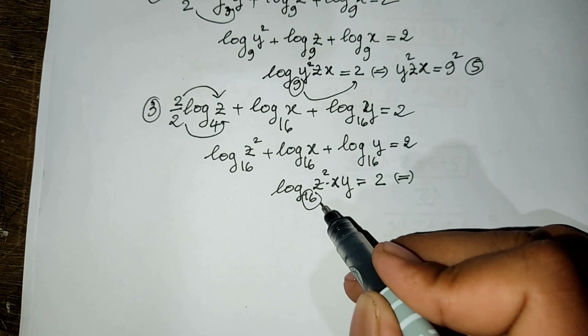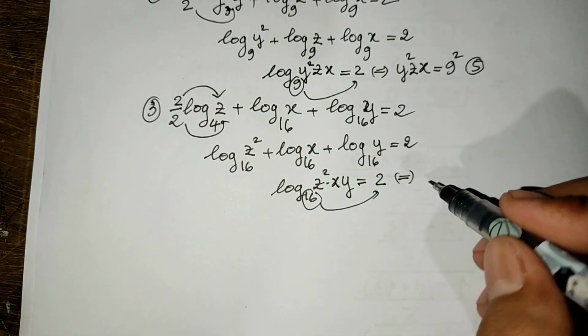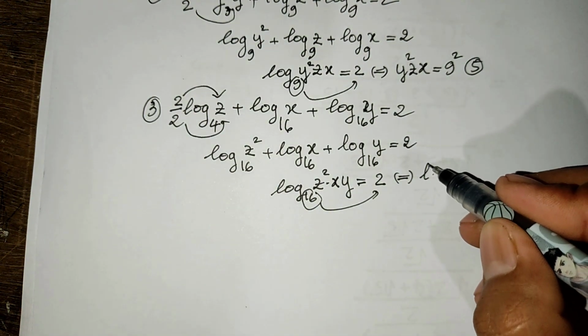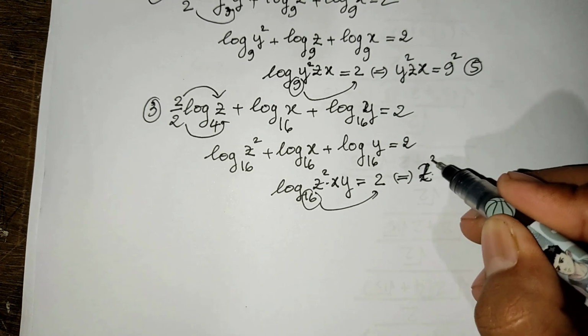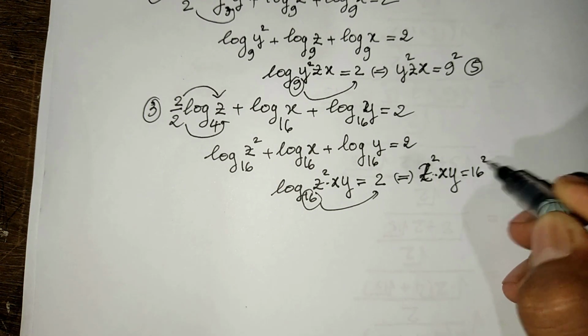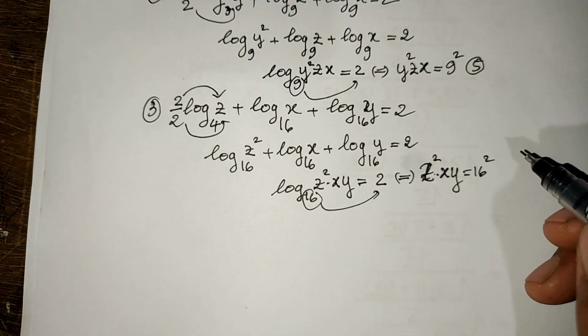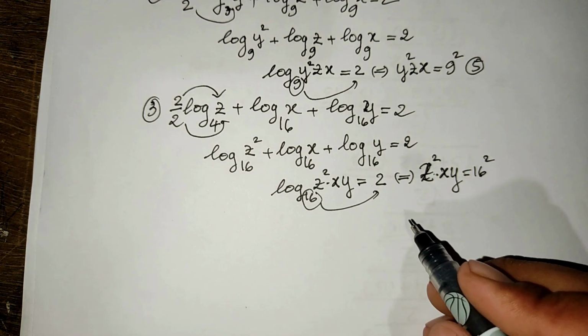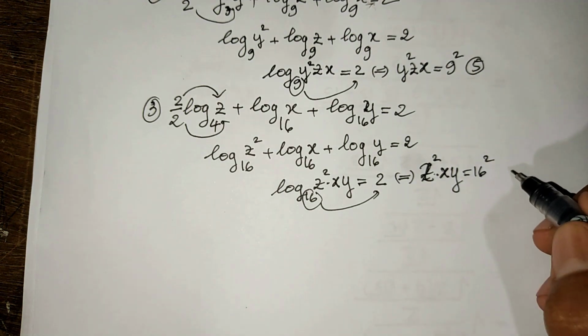Then we move the 16 to the right-hand side, and we get z squared times x times y equals 16 squared.